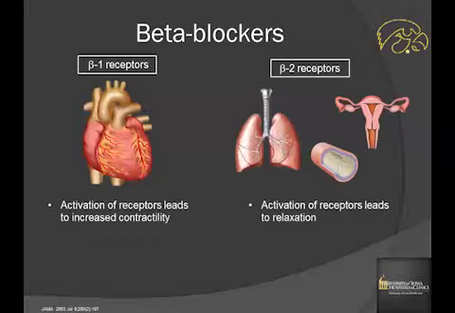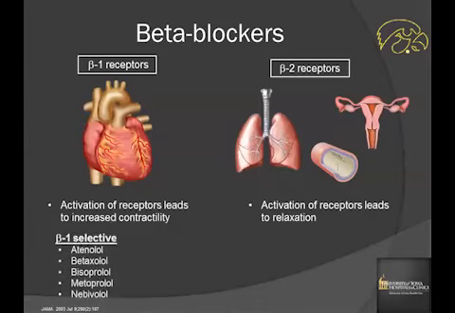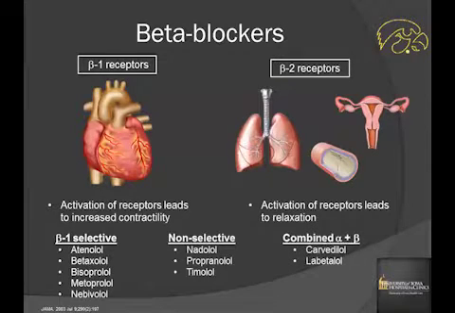However, when these get blocked, there can be some benefits and some disadvantages as well. So specifically thinking about the blocking of the beta 2 receptors in the lungs is something we certainly want to avoid. So again, just as a reminder, the beta 1 selective blockers are listed there. We will focus specifically on the non-selective beta blockers for the treatment of essential tremor, and then there's also combined alpha and beta blockers as well.